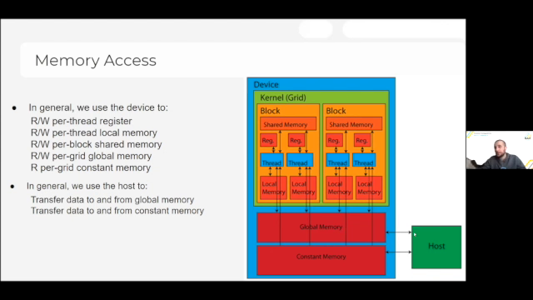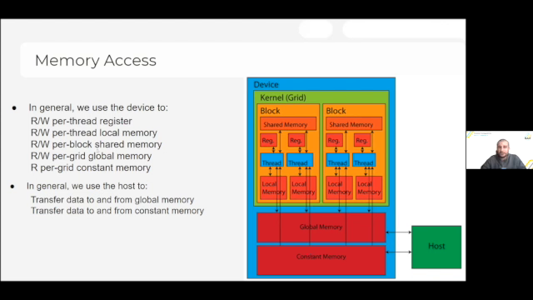Your host has its own memory. When you buy a laptop, you buy a 16 gigabyte laptop. When you spec out your servers, you get 1 terabyte memory, or more than that as well. But that's the CPU and host memory, and each GPU has its own memory. The GPU memory is the global memory.